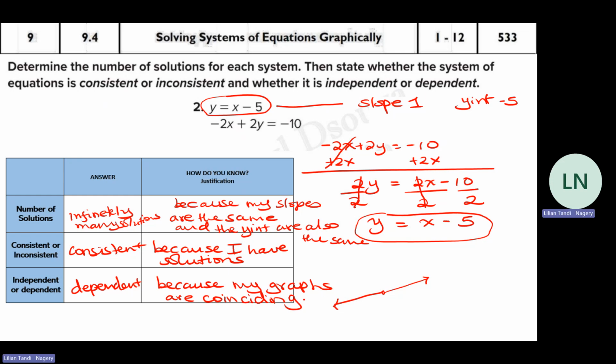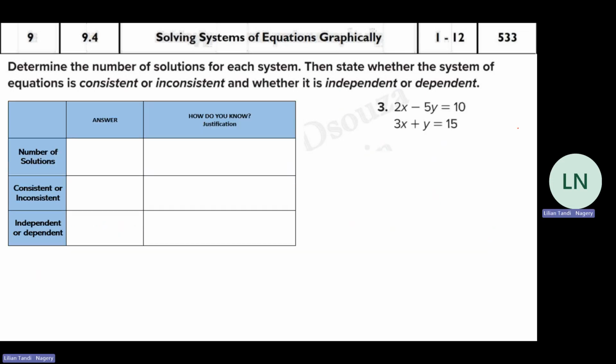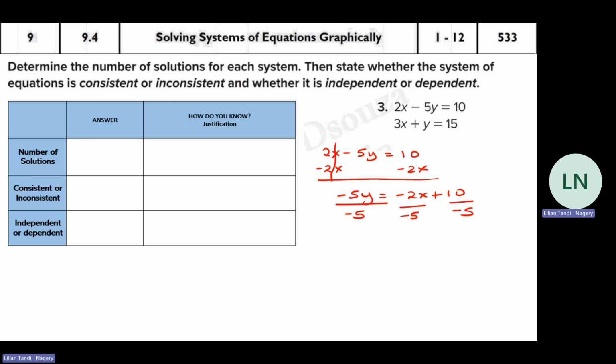All right, we move on. Same thing here, we need to write them in slope-intercept form. So you have 2x minus 5y equals 10, minus 2x on both sides. So this goes away. Negative 5y equals negative 2x plus 10. I divide every term by negative 5.